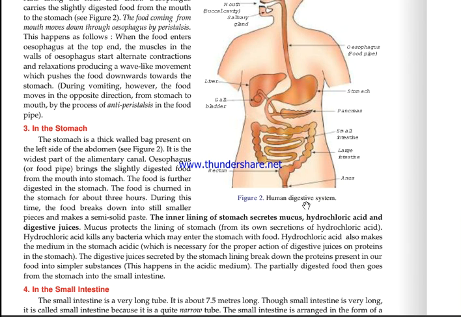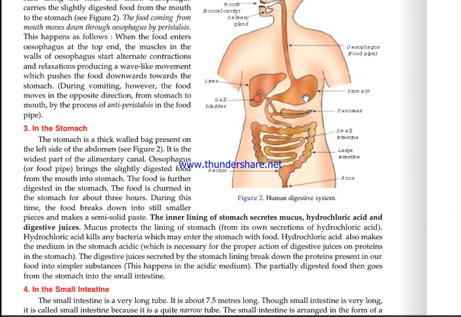Hydrochloric acid also helps to kill any bacteria which enter our stomach along with the food we eat, and provides our stomach an acidic medium, because in the digestion of food the medium will be acidic.